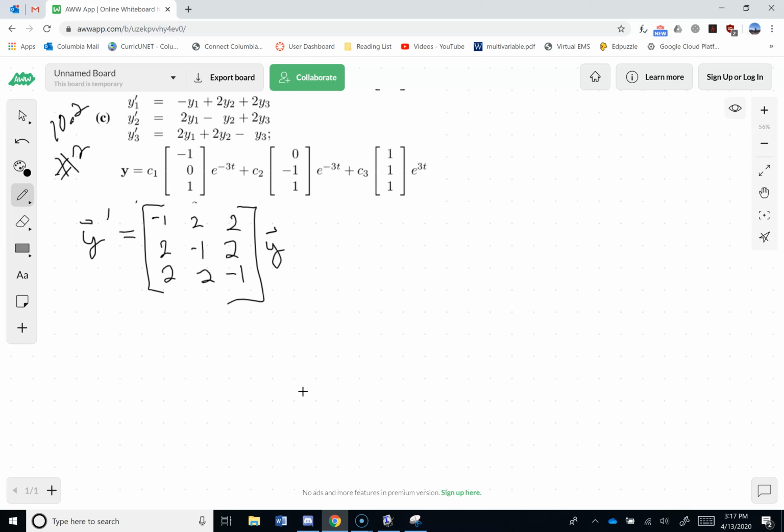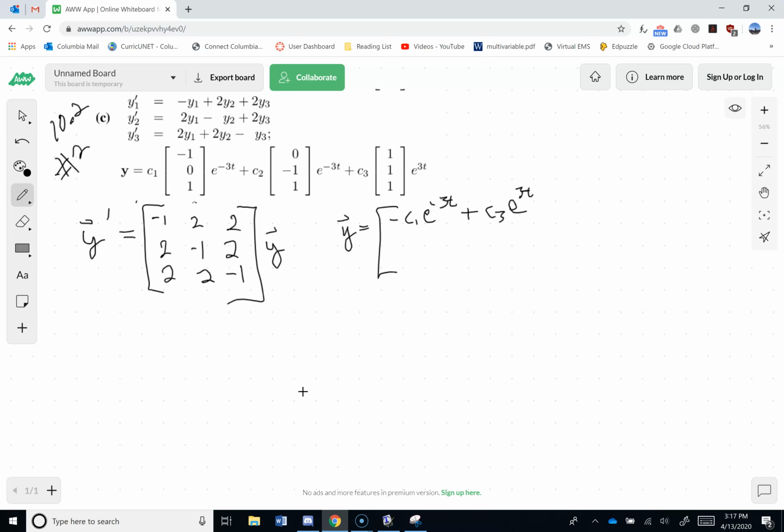So this is my differential equation written down in matrix form. Then I really need to write y in vector form. Right, so y is a vector, and it should be made out of a minus c1 e to the minus 3t. Let's see. Thankfully, there's no c2 times 0 part. So I get plus c3 e to the 3t.